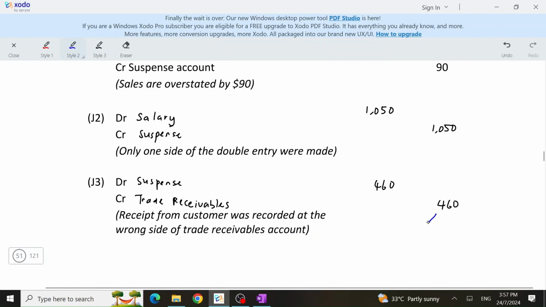Okay, so I make a note here. The first 230 to cancel the wrong entry. Next 230 to record the correct entry.